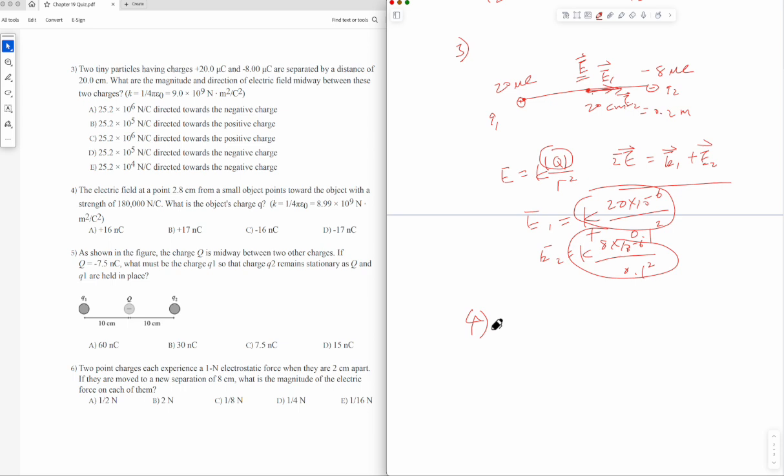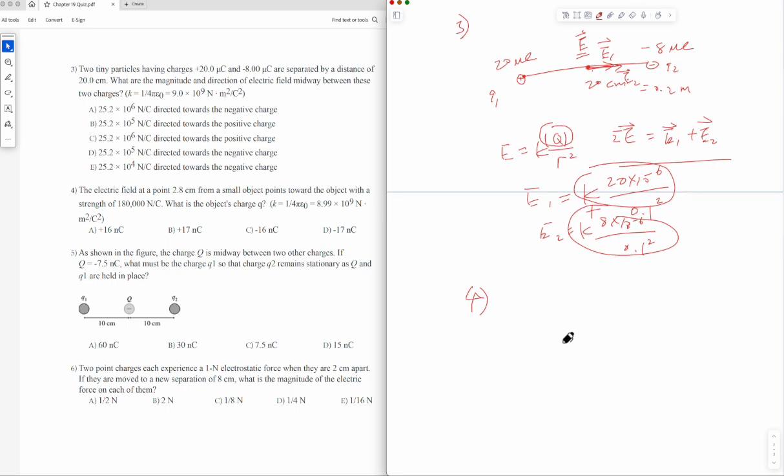Number 4 is the electric field at a point, 2.8 centimeters from a small object. So this is a small object, we don't know what it is.